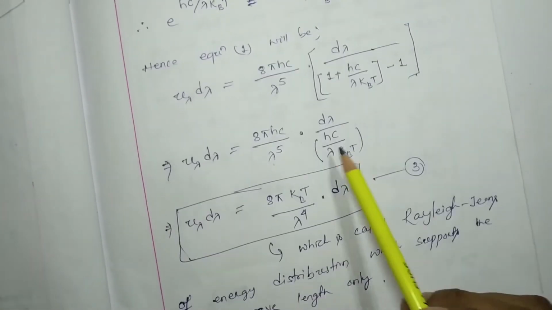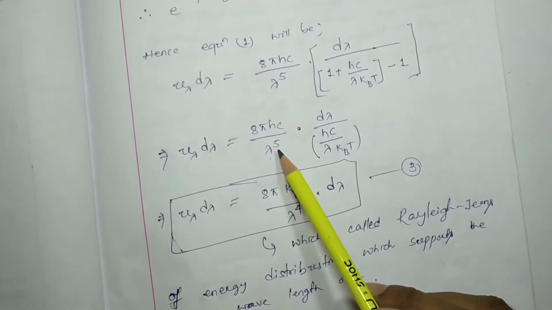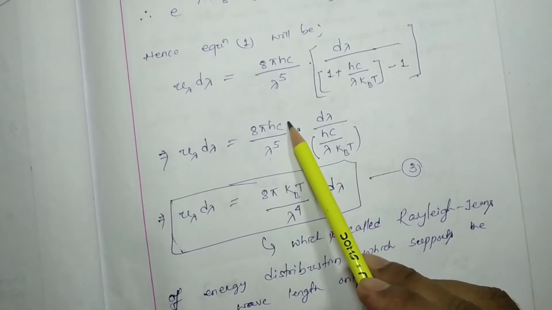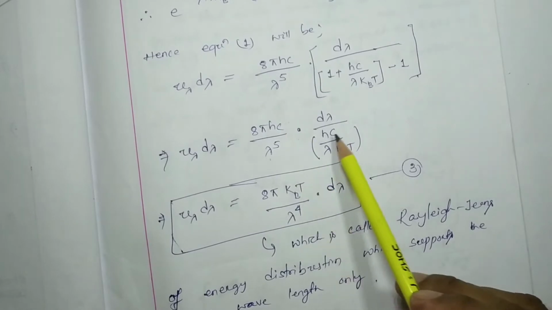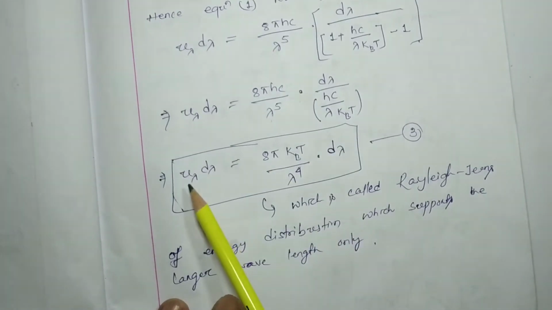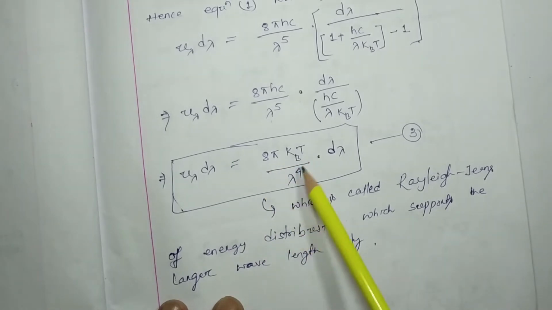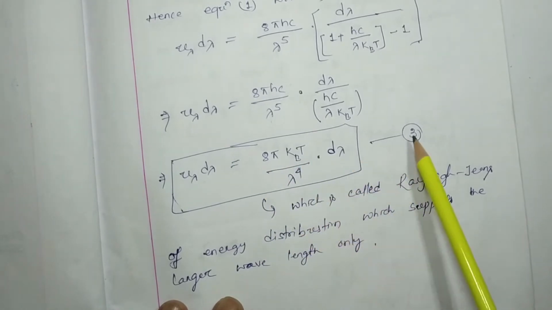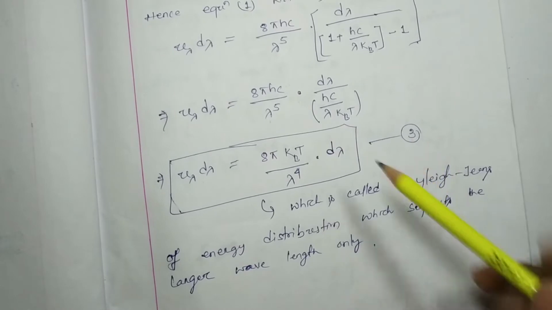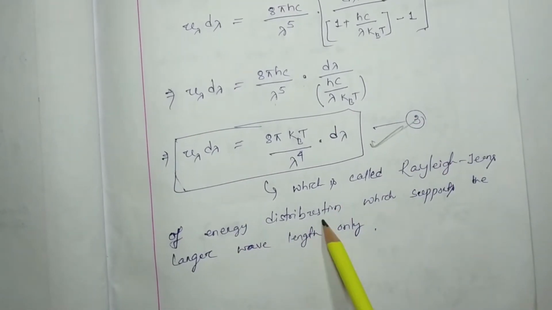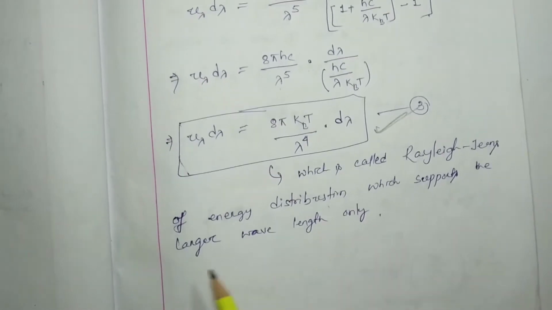Here one lambda got cancelled, kBT goes to the numerator side, sc got cancelled, and finally we got u lambda d lambda equal to 8 pi kBT by lambda to the power 4 into d lambda. Let this be the equation number, and this is nothing but Rayleigh's law of energy distribution, which supports the longer wavelength only.